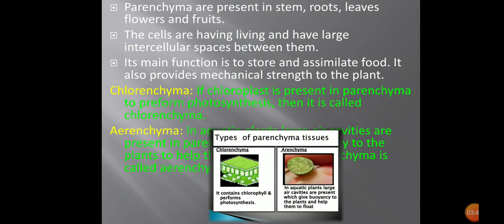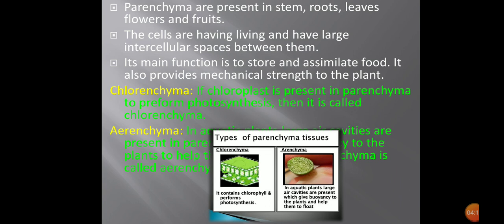In the same way, in aquatic plants, large cavities, cavities in the sense air cavities, okay, large air cavities are present in parenchyma to give buoyancy to the plant to help them float. So this type of parenchyma is called as aerenchyma. I think you have understood about parenchyma, right?